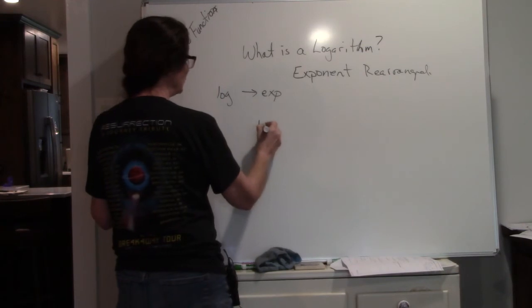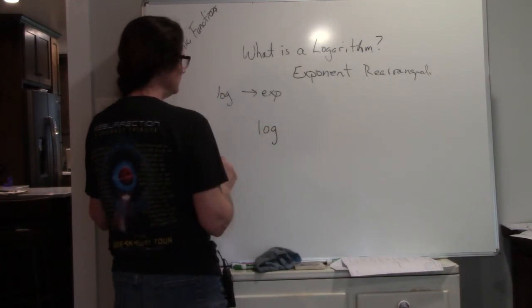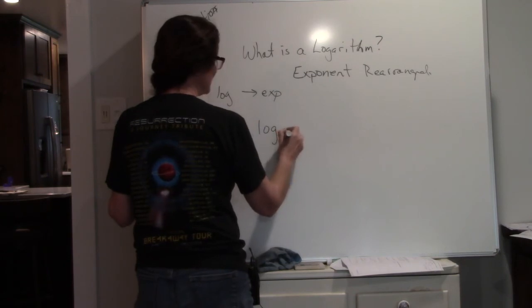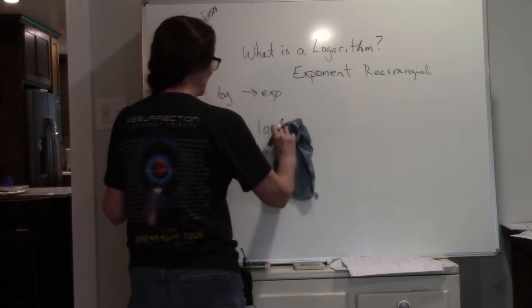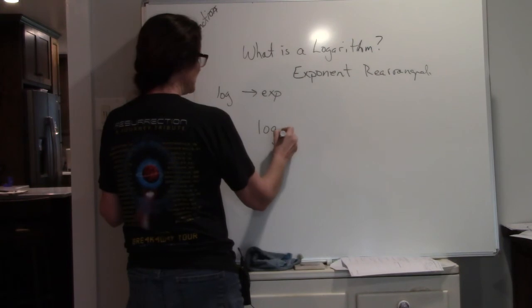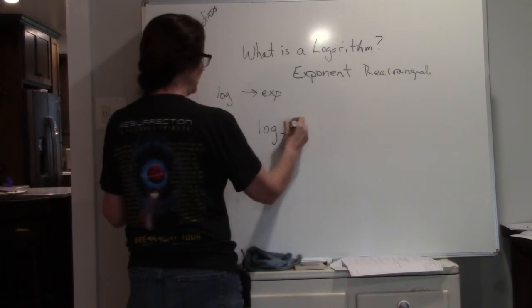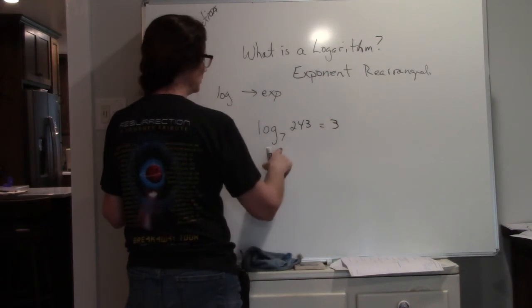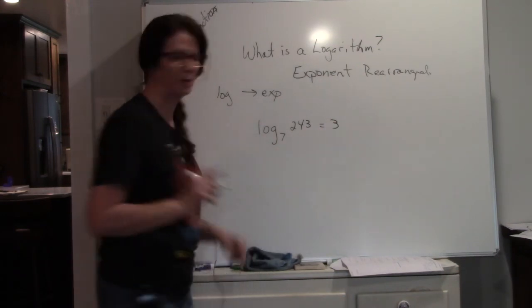So if I have log base, well, I'm going to do it this way. Log base 7 of 243 equals 3. Now I got to double check my numbers.